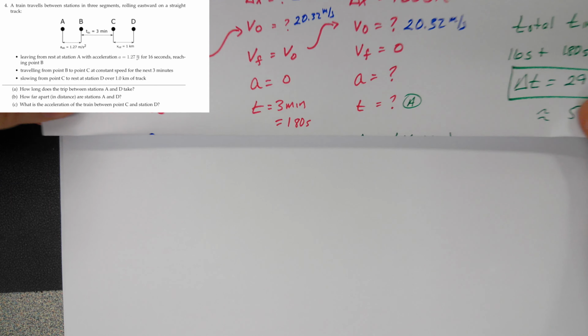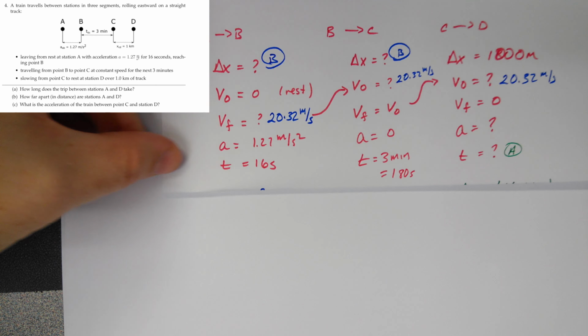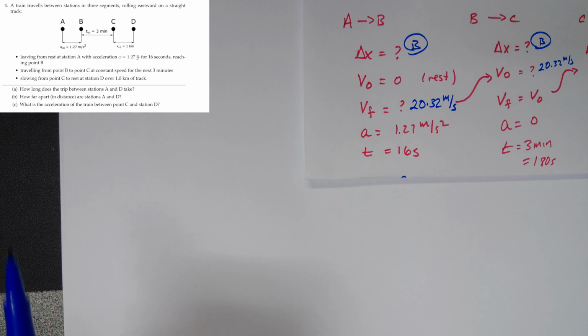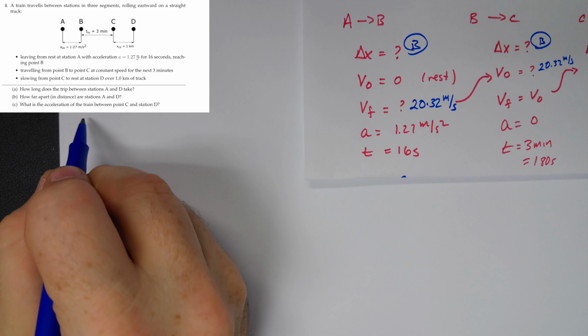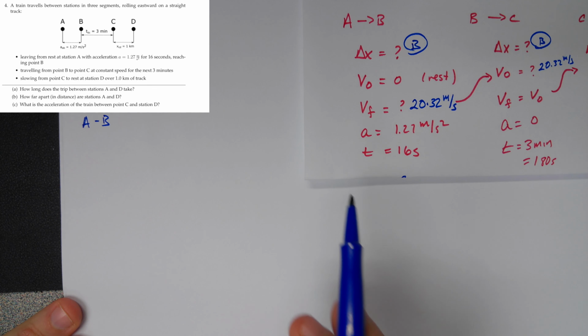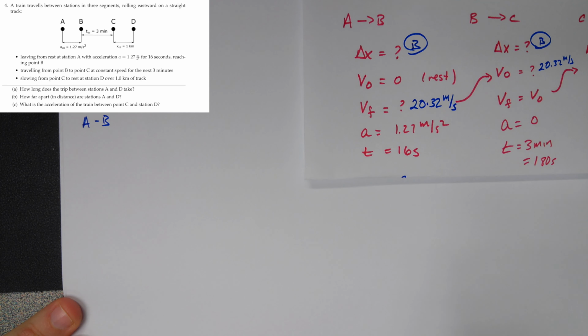So, new sheet of paper. Hopefully you're following along. I realize I'm kind of stuck here trying to calculate some of this stuff where I don't have quite the space to do it. But now we're working with these numbers. From A to B, we want to find that distance given v initial, acceleration, time, v final.